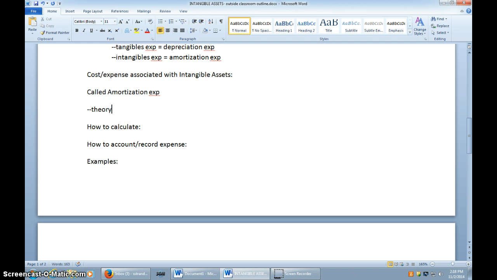As I mentioned earlier, the theory is the same as depreciation expense, but for intangibles, it's called amortization expense.